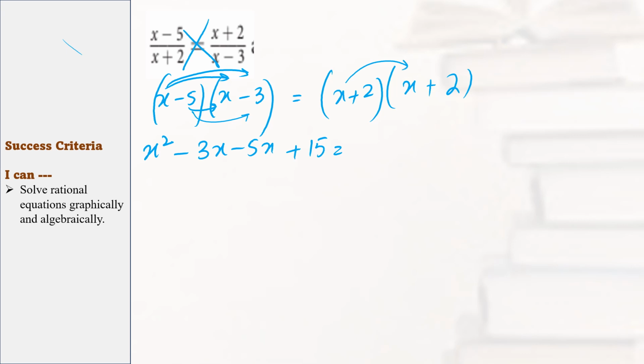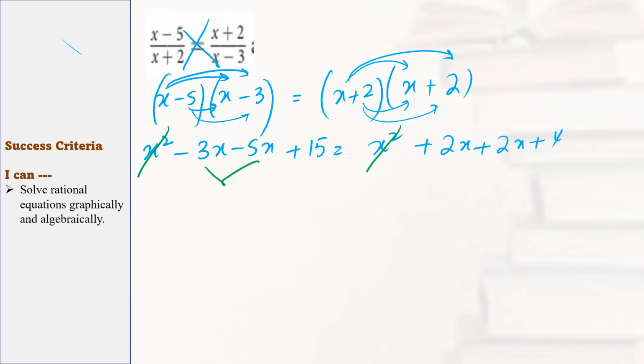Next part, x times x is x², x times 2 is 2x, 2 times x is 2x, and 2 times 2 is 4. Again, on both sides I have the x², without a number, so I will cancel. And let's solve. Minus 3 minus 5 is minus 8x plus 15. And here 2 plus 2, 4x plus 4.